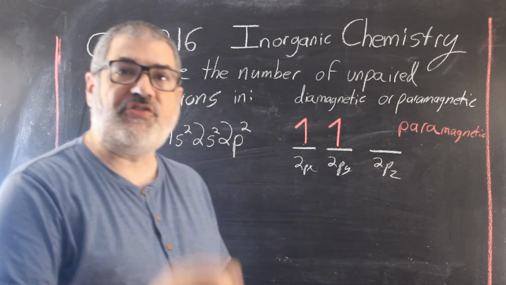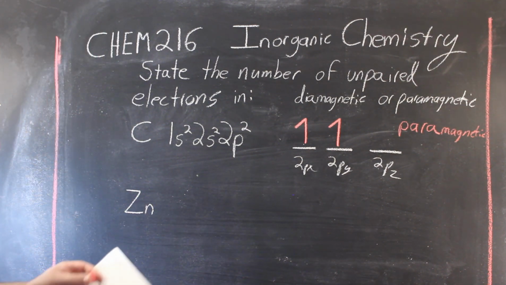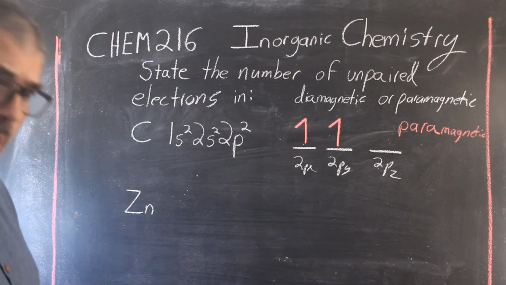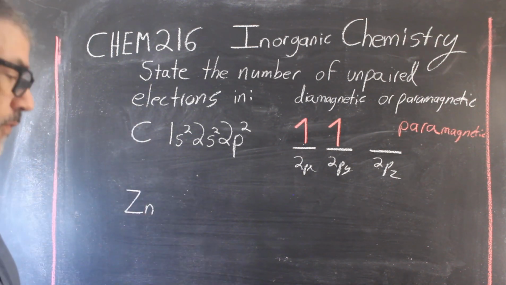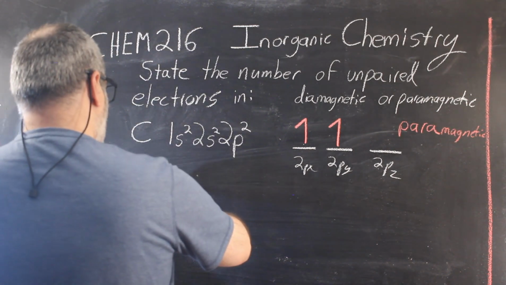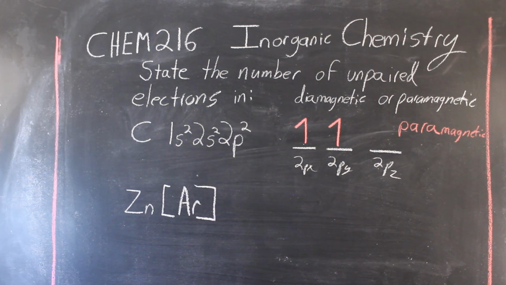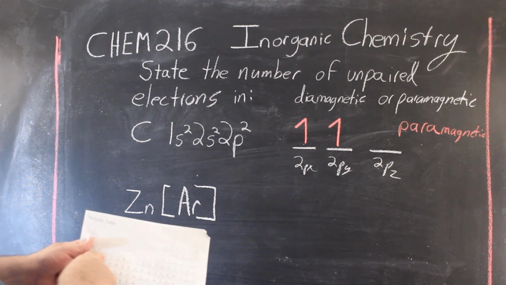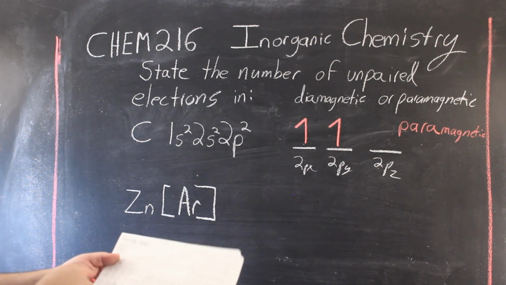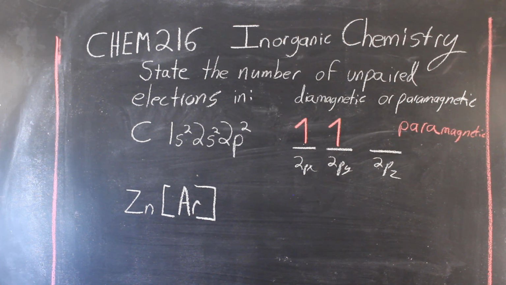Diamagnetic means that we have zero unpaired electrons. For zinc, again, I could start 1s2, 2s2, and so forth, but using the noble gas configuration, here is zinc with an argon core. But how do we put the rest of the electrons in? We have the 3d filling as well as potassium and calcium, which are the 4s.